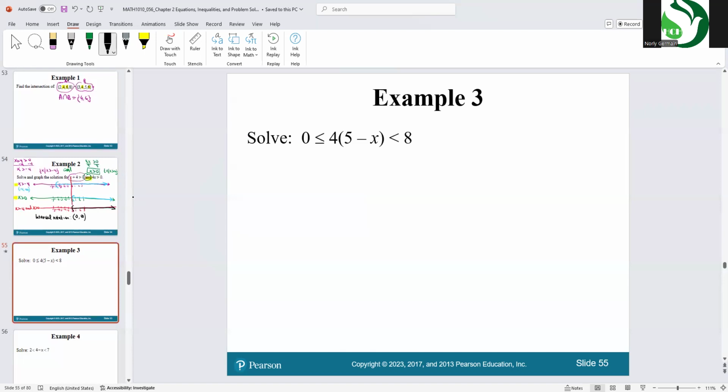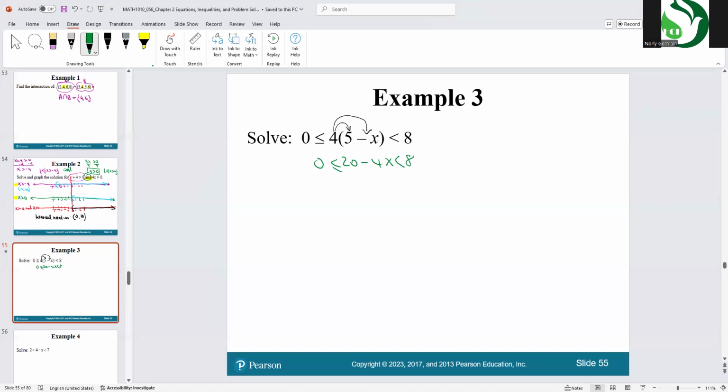But I have a combination of numbers and letters in the middle. So the first thing to do is remember the distributive property, where I distribute 4 to these two in the middle. 4 times 5 is 20, 4 times negative x is negative 4x, and that would be between 0 and 8.